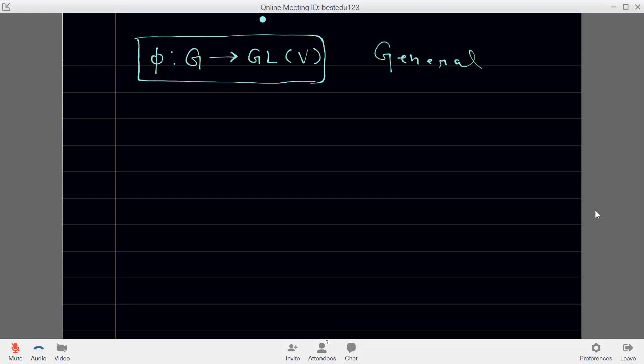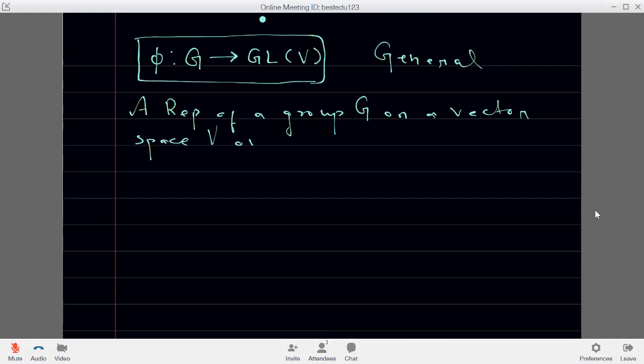So it goes like this. A representation of a group G, so G is our group, on a vector space V over field F. I'm going to explain this now.